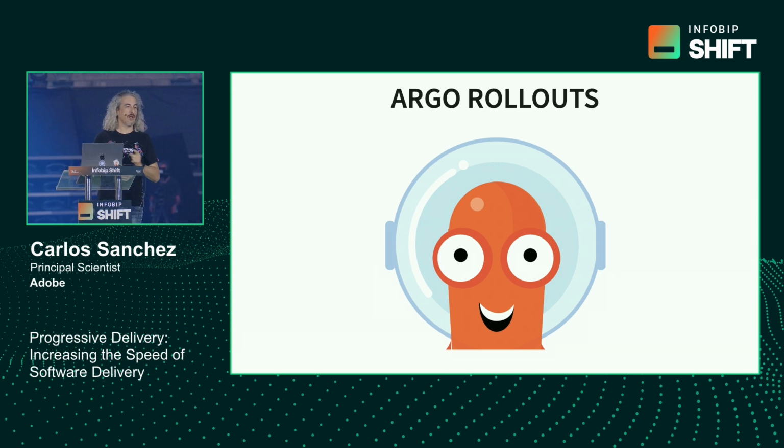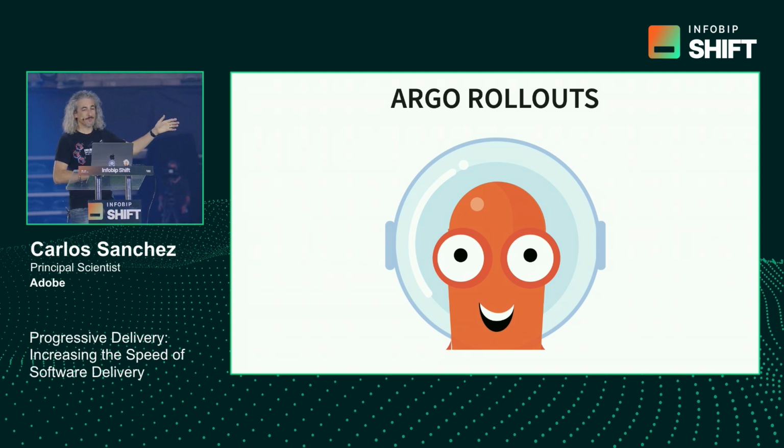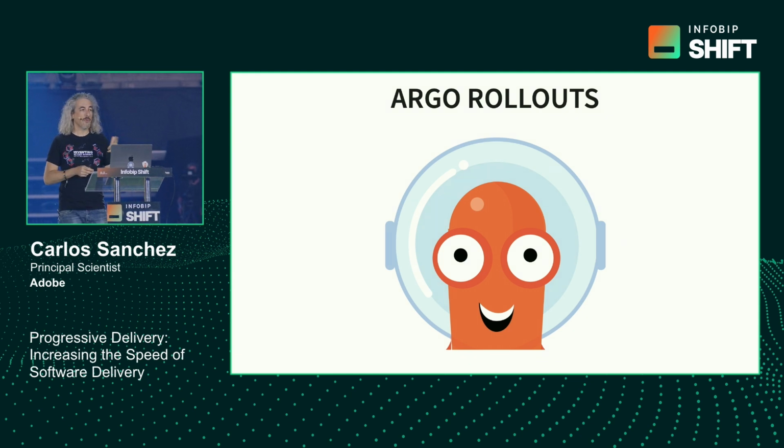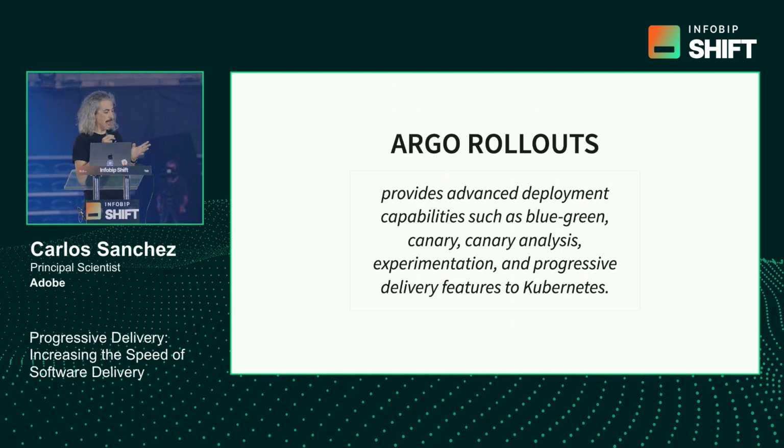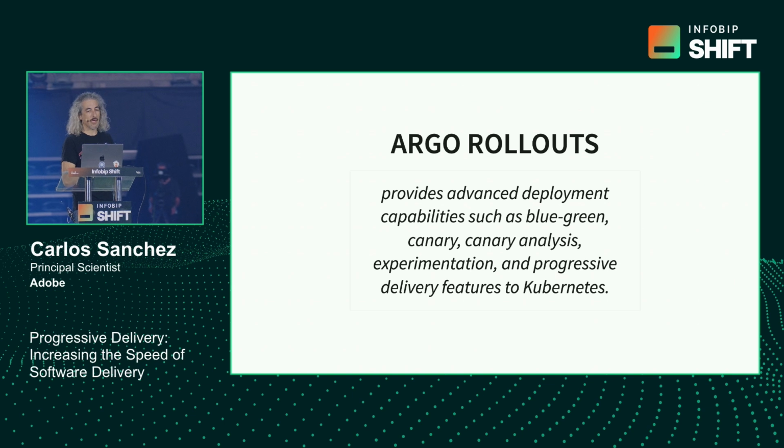And there's also Argo Rollouts. So Argo CD is for continuous delivery, Workflows to do your workflows on Kubernetes, and Rollouts is to do progressive delivery. And it provides you with capabilities like blue-green, canary, analysis, experimentation, and all of them inside Kubernetes very easily.